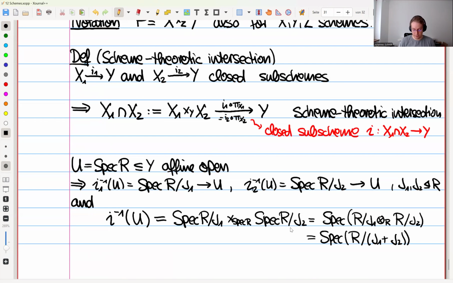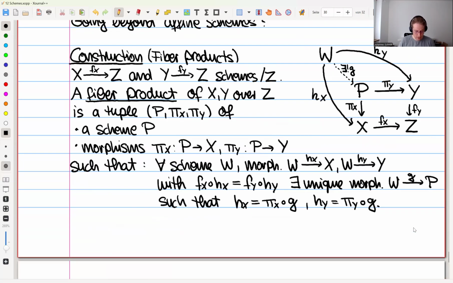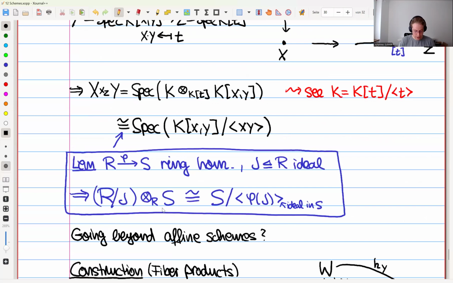And then by definition of the affine fiber product, you take this tensor product here, R modulo J1 and R modulo J2 over R. And now this kind of thing we have seen before, so you can apply the same lemma that we had above. Let's look at it again. So here, for such a tensor product, what you just do is you take the ideal, for example, on the left-hand side and take the image in the right-hand side.